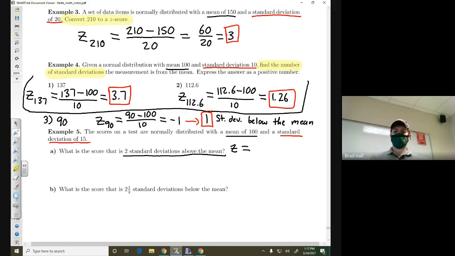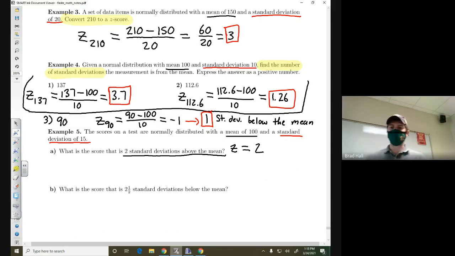Just 2. 2 standard deviations above the mean. Well, anything involving standard deviations above or below the mean refers to the z-score. And 2 standard deviations above means we have a +2.